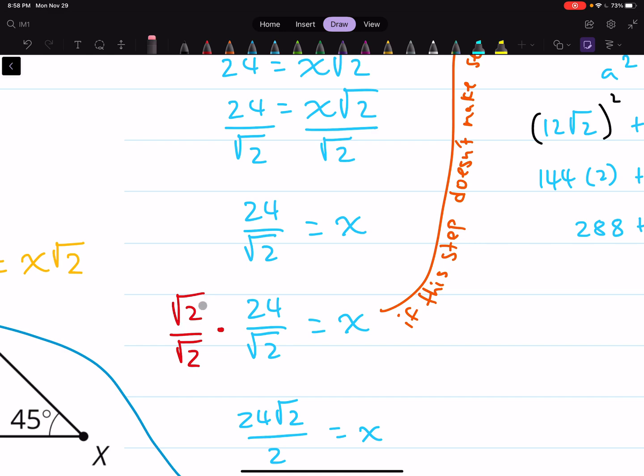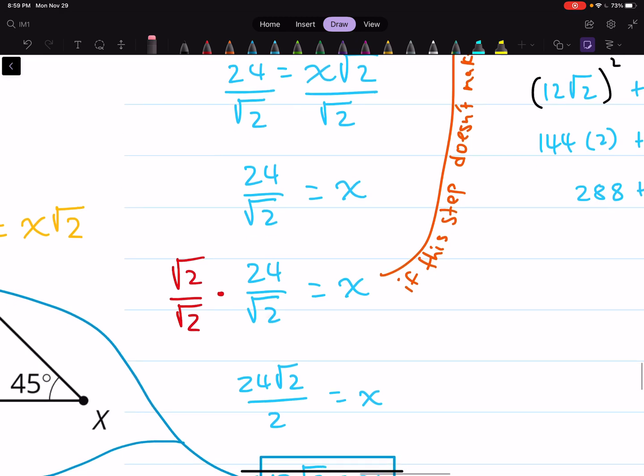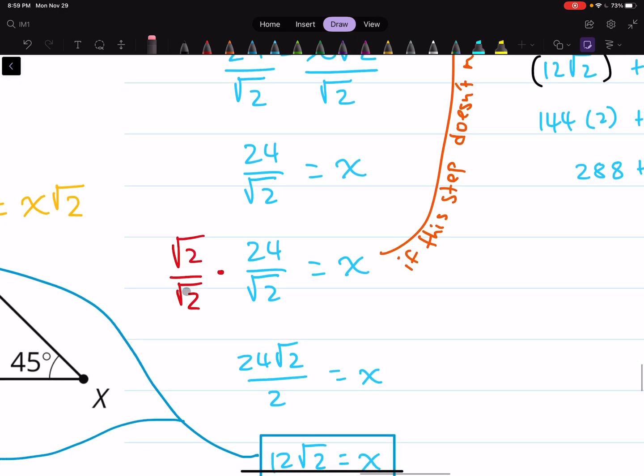So we're just multiplying by 1 here. If you multiply that out, we get 24 square root of 2 over 2 times square root of 2. Square root of 2 times square root of 2 is square root of 4, and square root of 4 is just 2.